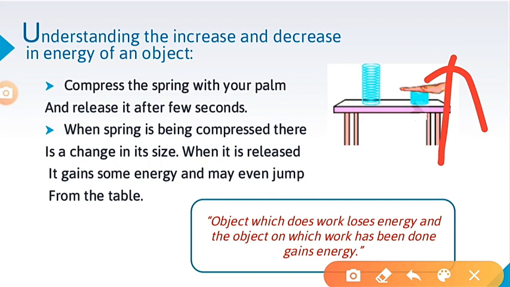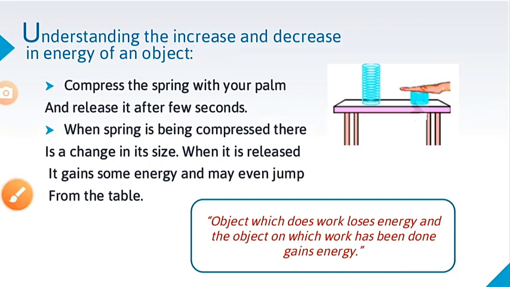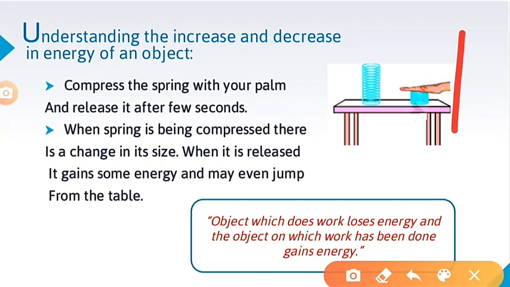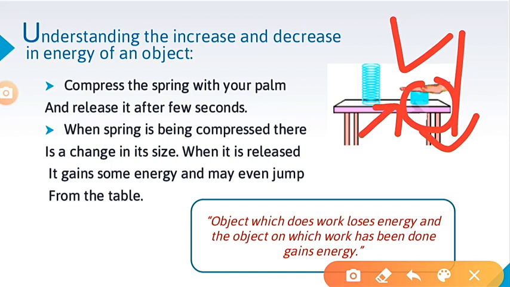Due to that gain of energy, the spring jumps from its position. So the important point is that when you are compressing it, the energy is transferring into the object, meaning our body is losing the energy, and the object on which we are doing the work is gaining the energy. With this, we can understand one statement.